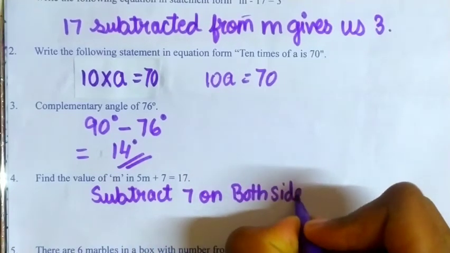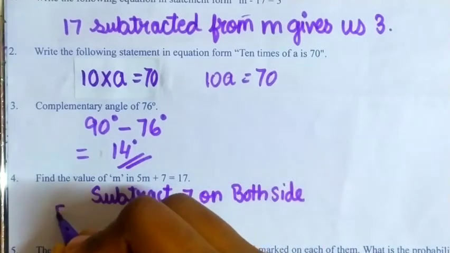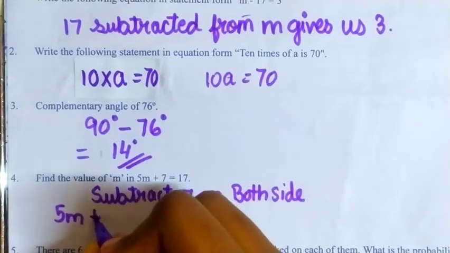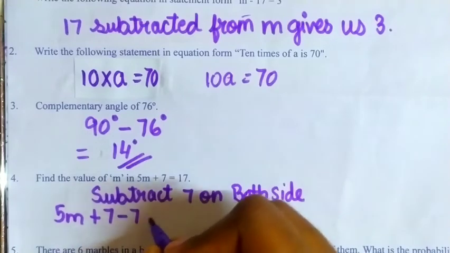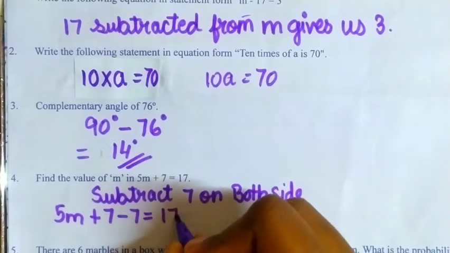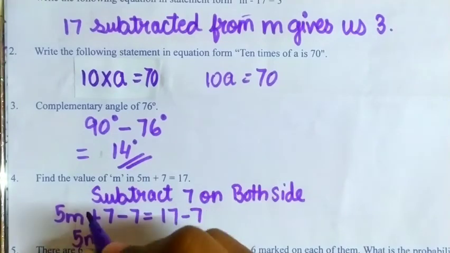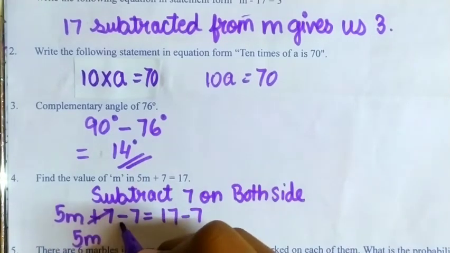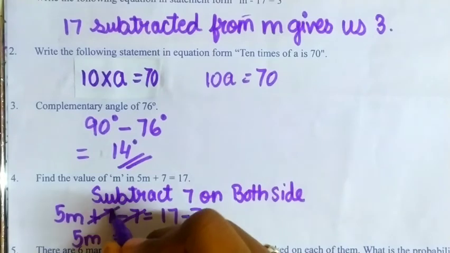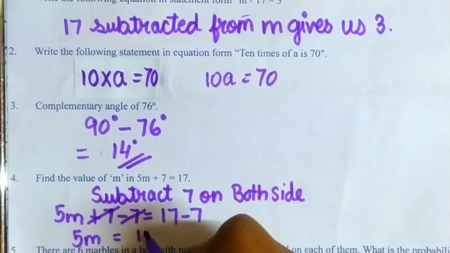That is 5m plus 7 minus 7 equal to 17 minus 7. 5m plus 7 minus 7 get cancelled. So 17 minus 7 is 10.